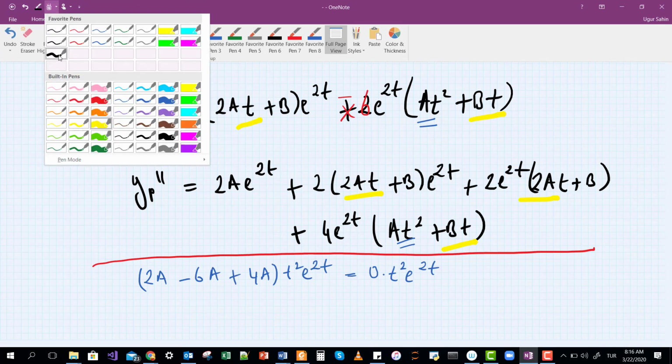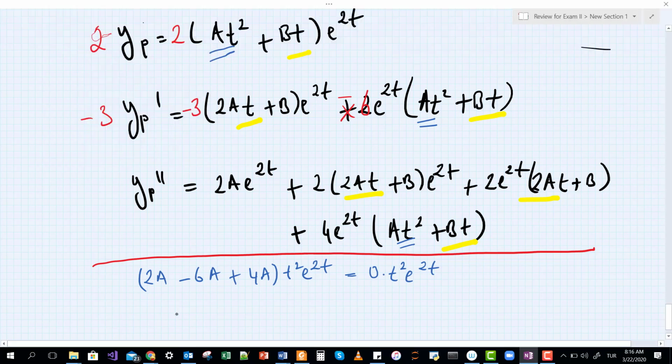If I add them together, from the first line I have 2b, and from the second line I have 6a, and also 6b coming from the second term.